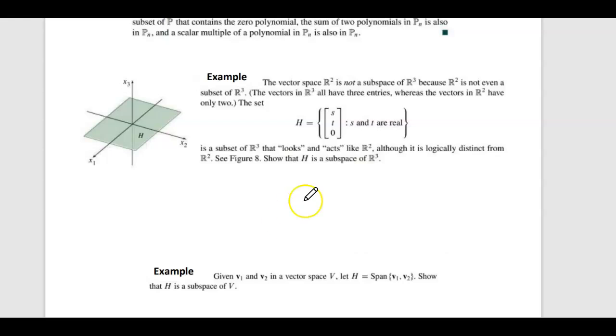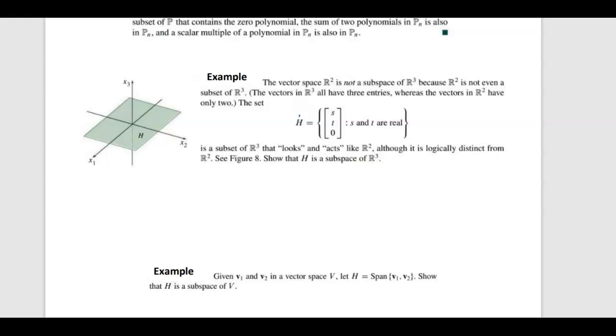Let's look at this one. This example from the text says that the vector space R2 is not a subspace of R3. R2 isn't even really a subset of R3 because we're in R2, not in R3. The vectors in R3 have 3 entries, whereas R2 vectors only have 2.